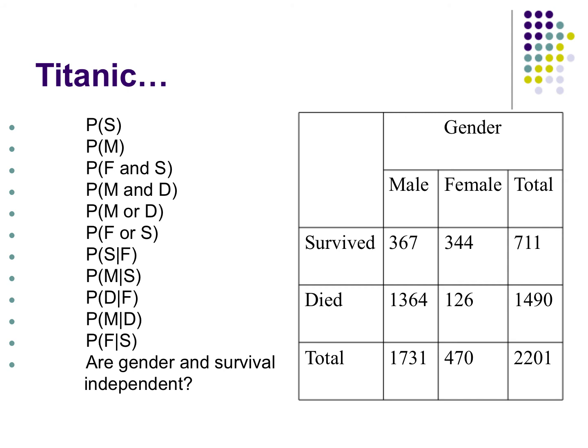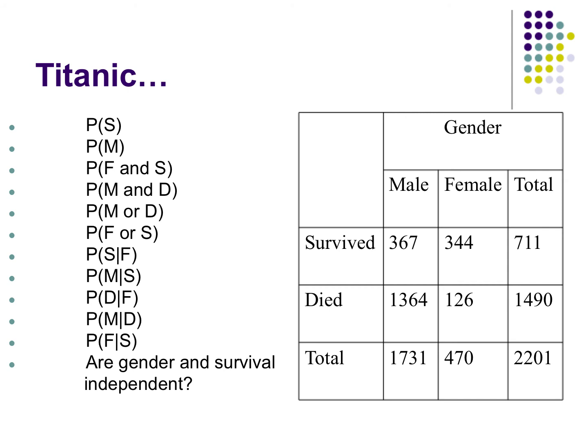If you've seen Titanic, the movie, you know they were like women and children first, right? But then there was, at least in the movie, plenty of men that found their way, you know, push those children aside and get on the boat. But what was the probability?